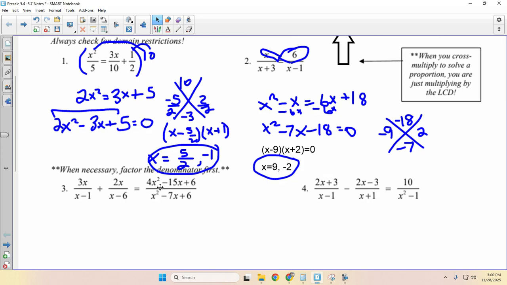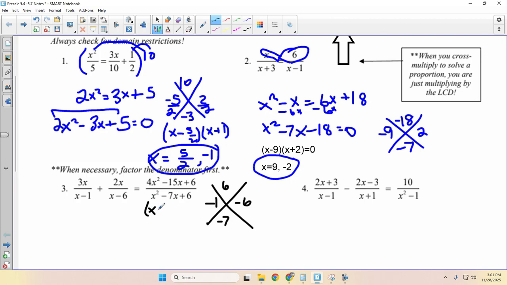Next problem. It gets a little more complicated. Look at this little buddy right here. Sometimes we're going to have to factor the denominator, so let's big X this real quick. Two numbers that multiply to give us 6 and add to give us negative 7. I feel like that's negative 1 and negative 6, so this factors to x minus 1 and x minus 6.